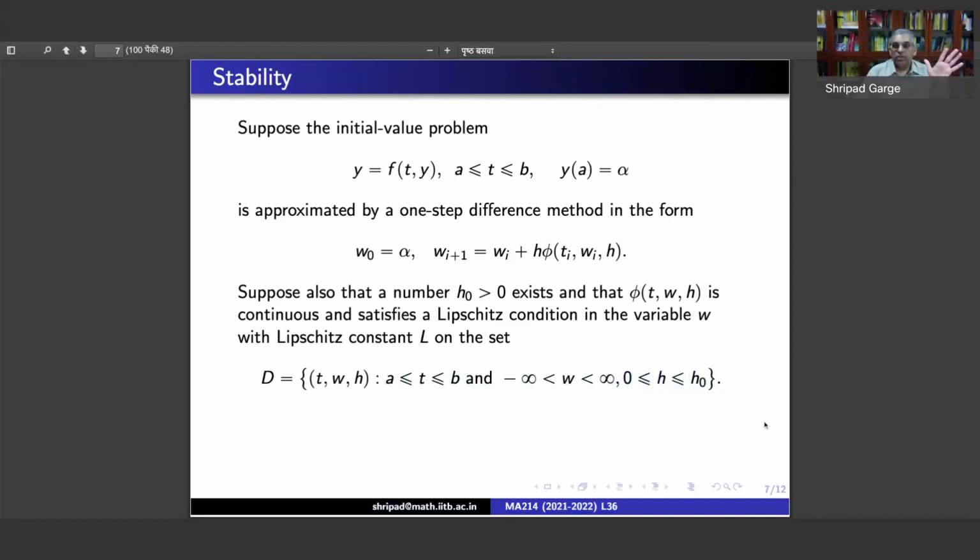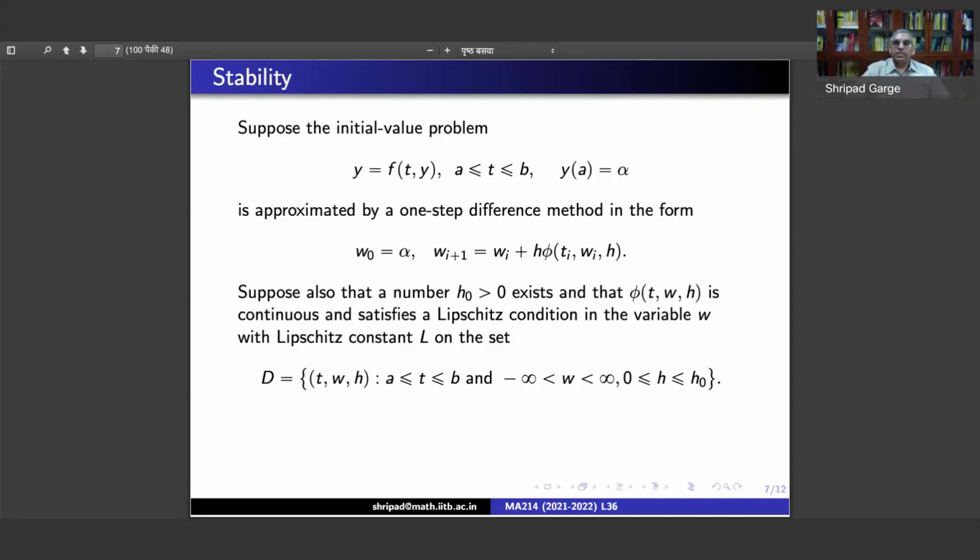So what do we assume? We are assuming that there is a number h_0 which gives us this set, [a, b] cross R, which is the vertical strip, and you are thickening the vertical strip slightly by not just taking the 0th slice, but expanding it to go up to some constant h_0.